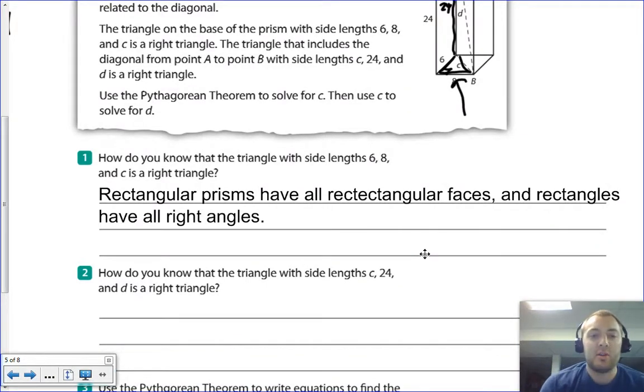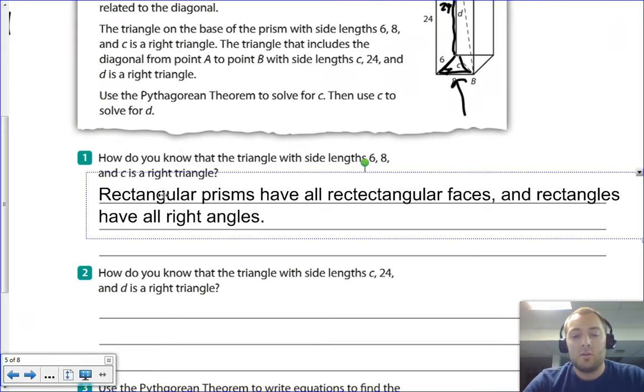So then in number two, how do you know that the triangle with sides C, 24, and D is a right triangle as well? Same idea. Everything that's formed is a right triangle. So we could say the 3D figure is a rectangular prism, so all the faces are rectangular, and so all the sides, like the D, are going to be perpendicular. I'm going to just copy this one. Well, we'll write it a little bit differently.